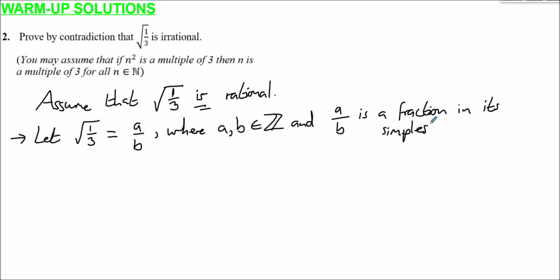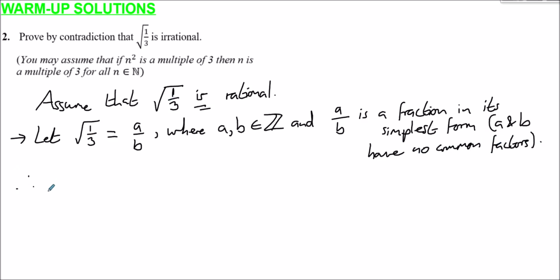So in other words, a and b have no common factors. So this is how we set it up in order to prove it by contradiction.